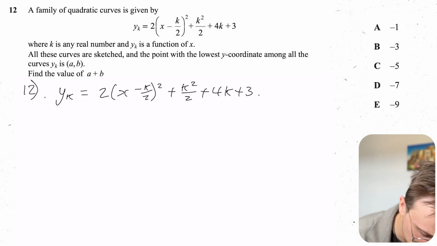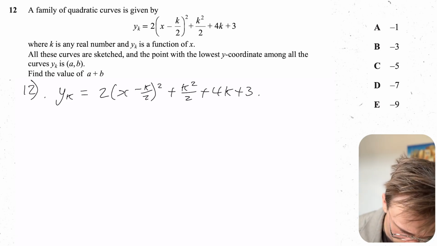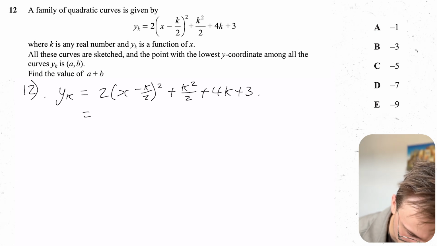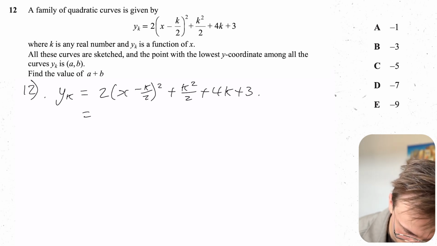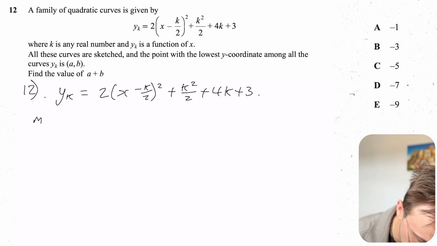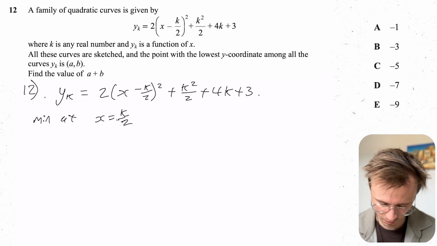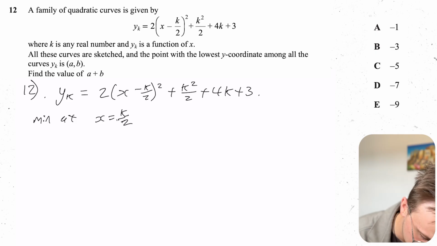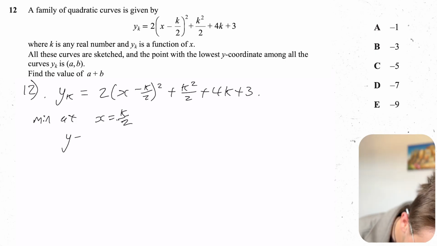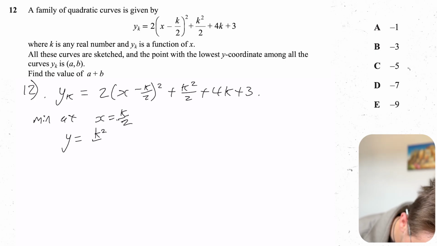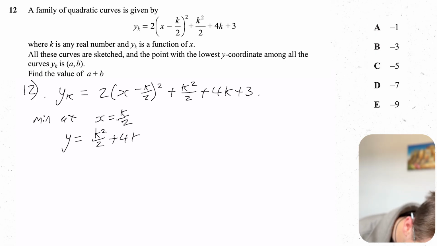Finding the minimum of this is generally quite easy because you complete the square, so the minimum is at x equals k over 2, and then y equals, that cancels, so it's k squared over 2 plus 4k plus 3.